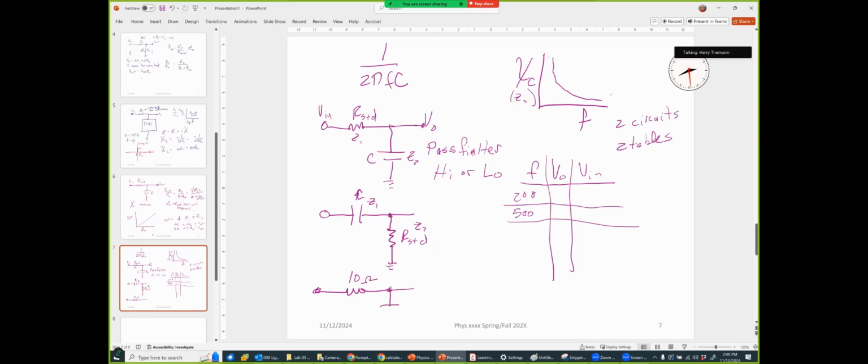And if we had the capacitor here at high frequency, that means that Z of the capacitor could be on the order of 10 ohms.